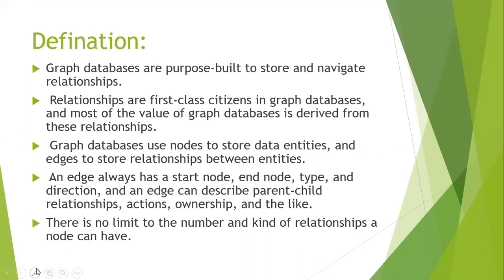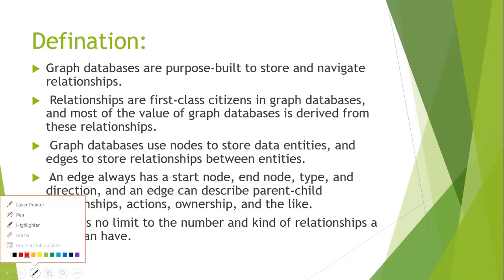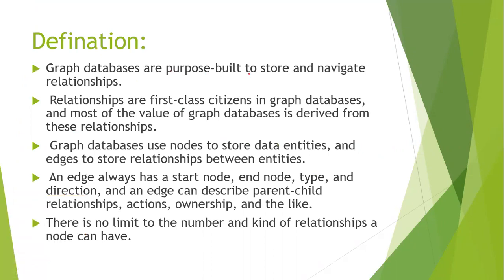A graph database is built to store and navigate relationships. It is used to store the data as well as the relation between one data and another. Relationships are the first class citizens in the graph database, and most of the value of the graph database is derived from relationships.